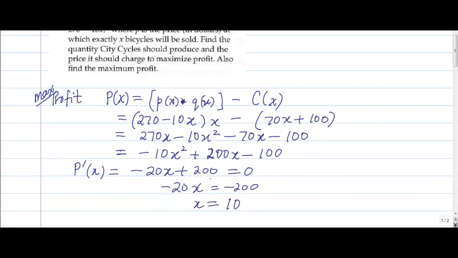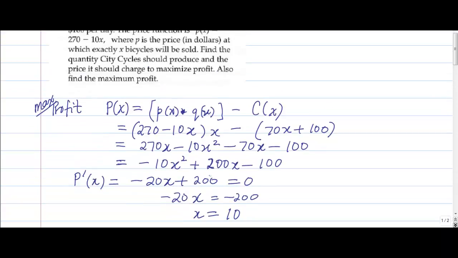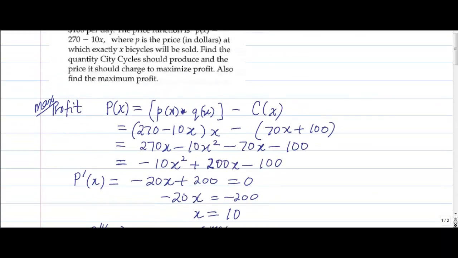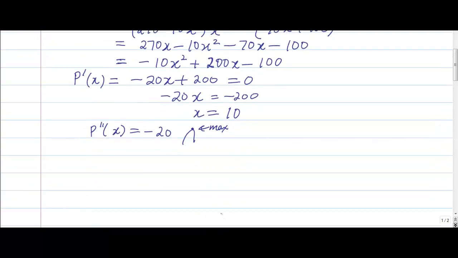Okay, so that's how many bikes should be sold. So find the quantity City Cycle should produce, and then don't forget to take the second derivative to check. When you take the second derivative, you get minus 20. That is indeed a max. Okay. Find the quantity City Cycle should produce and the price it should charge to maximize profit.